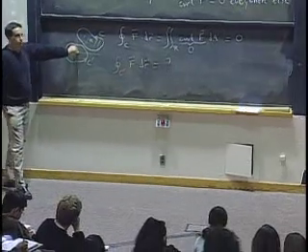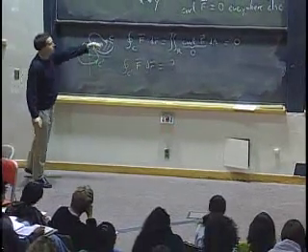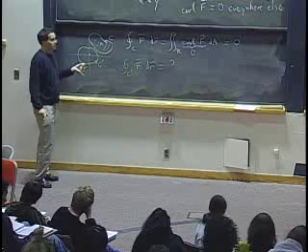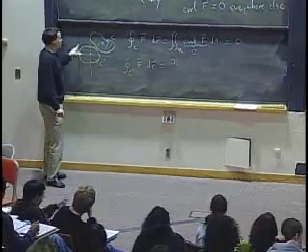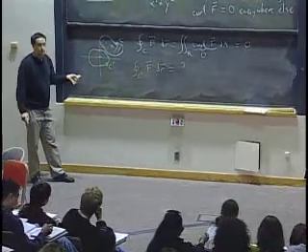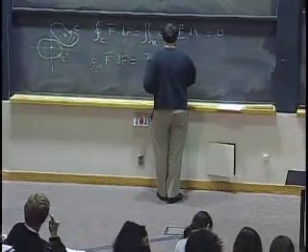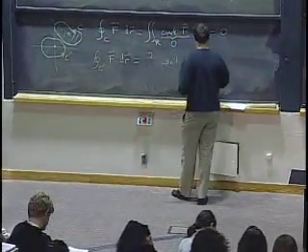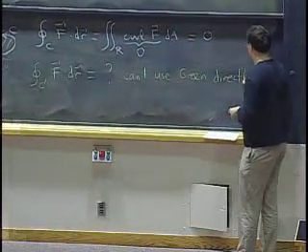Ignoring the problem and saying curl is still 0 everywhere would give the wrong answer, because we've seen that along the unit circle, the total work is 2 pi, not 0. So we can't use Green's theorem, or rather, we can't use it directly.